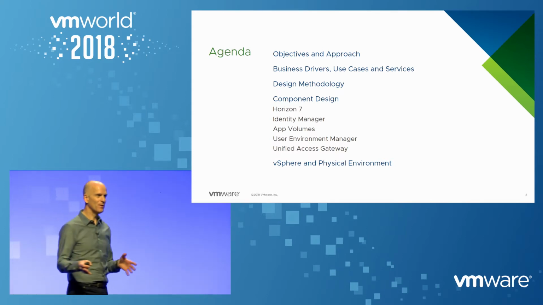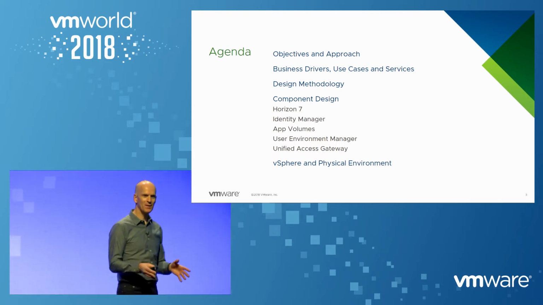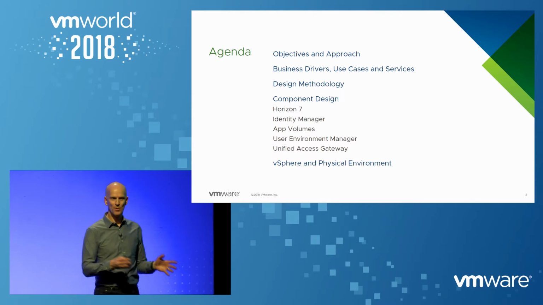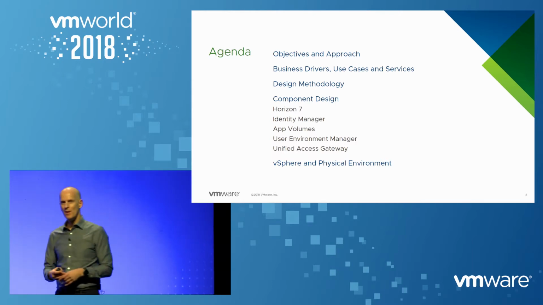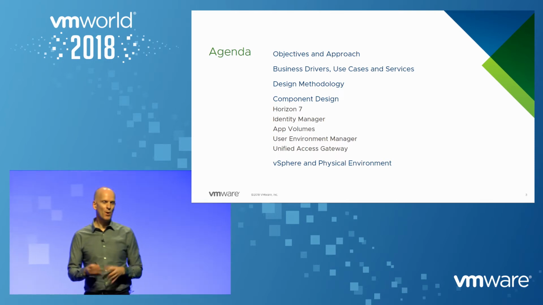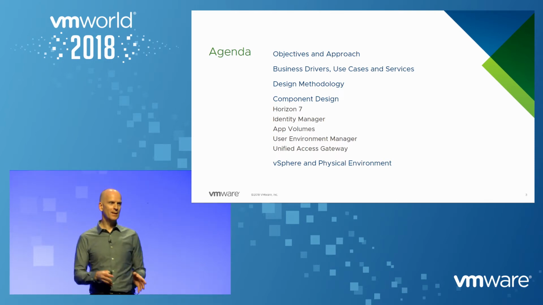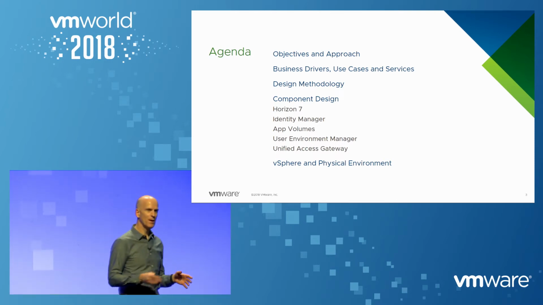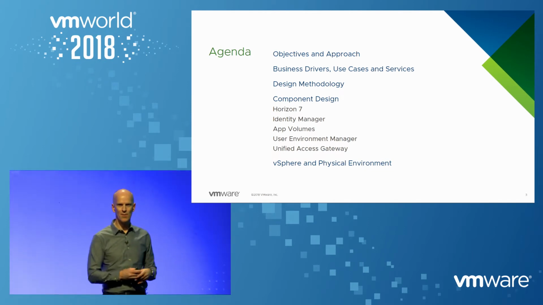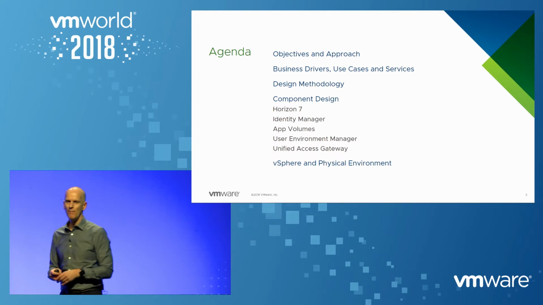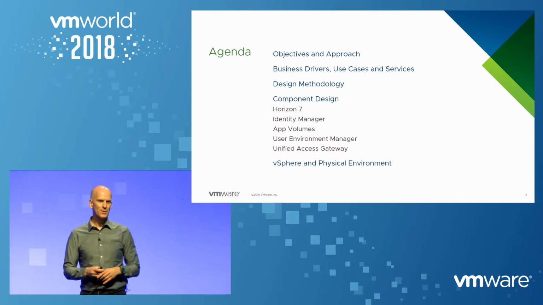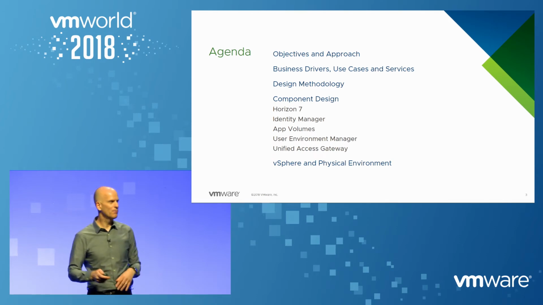That's a lot to cover, so I am not going to go into the nth degree of detail on each of those. The document does, so I recommend, and I'll give you a link to the document, that you go and read all that. I won't go into deep technical detail. What I will do is give you the guiding design principles of each of those, and hopefully the understanding of how I approach architecting Horizon. How do I architect App Volumes? What if I want to do disaster recovery? What are the principles there that I need to follow? So that's my objective today.